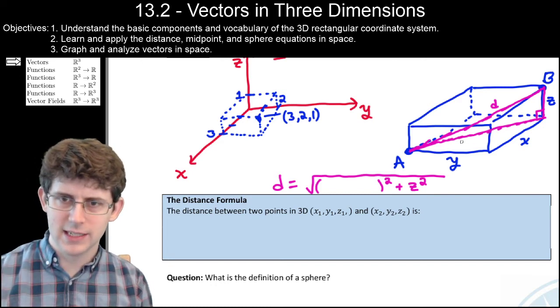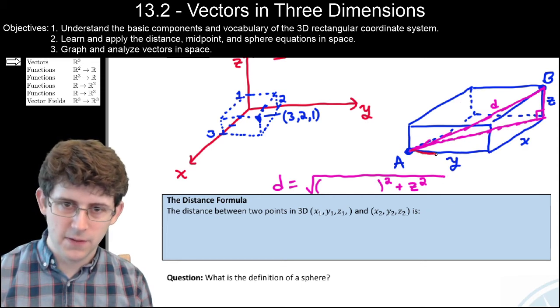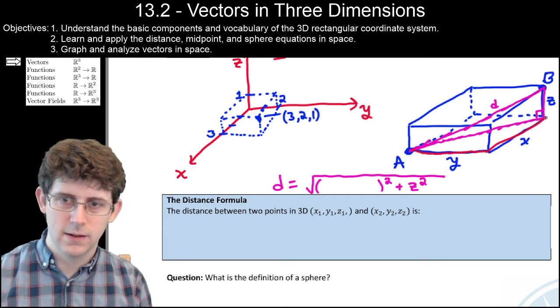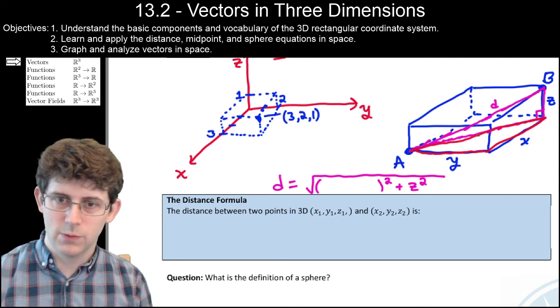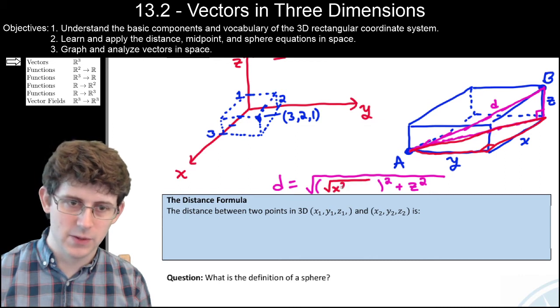The question is, what is this weird diagonal? And the answer is that this weird diagonal is part of this triangle. So this weird diagonal distance comes from the Pythagorean theorem on this triangle, which is flat on the ground. So it's the square root of x squared plus y squared.